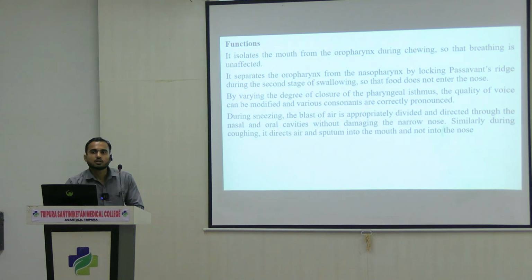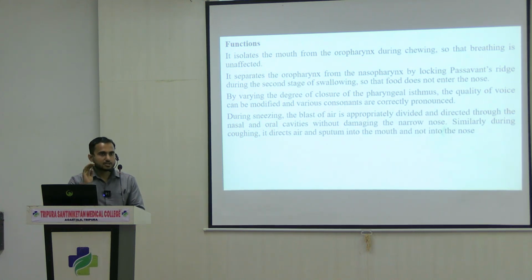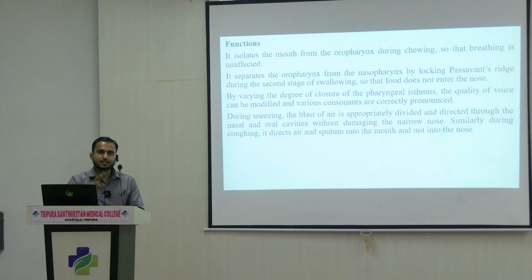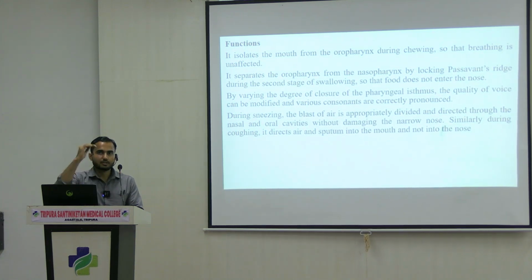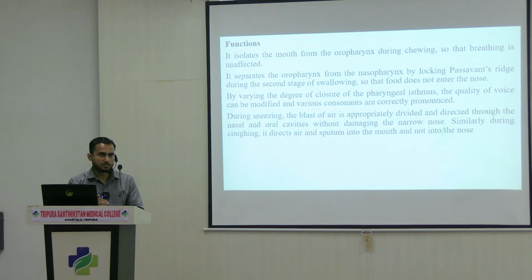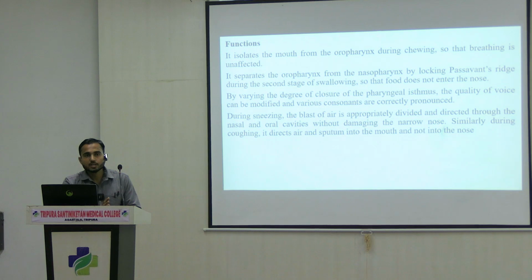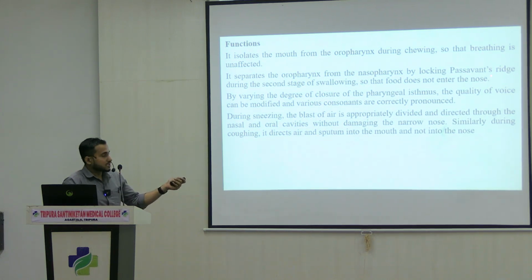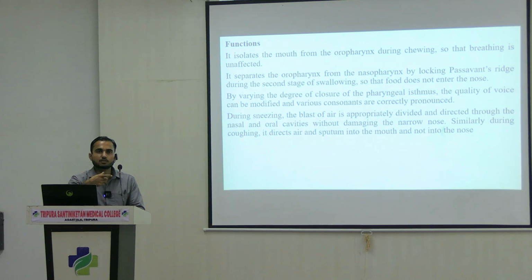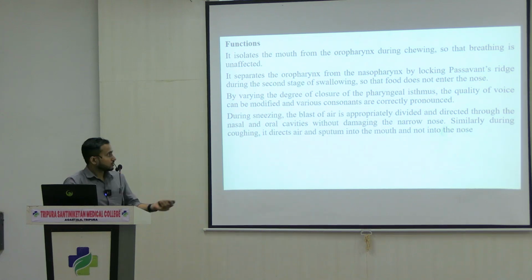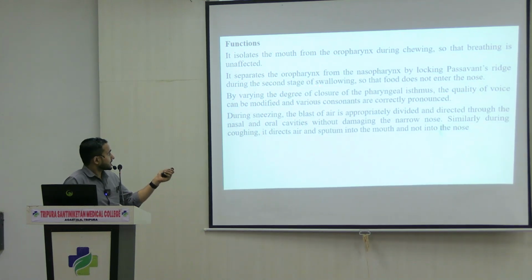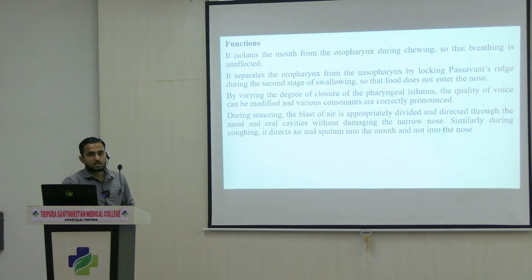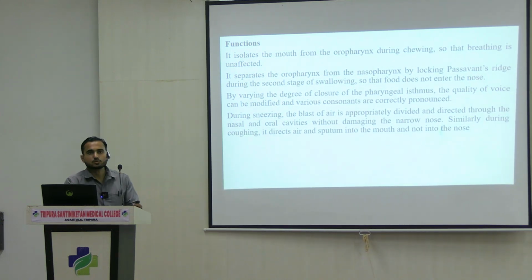Pharynx we have not discussed till now, but please try to understand that three parts of the pharynx are there: first the nasopharynx, then the oropharynx and the laryngopharynx. The soft palate separates the oropharynx from the nasopharynx by locking the Passavant's ridge. I have shown you the palatopharyngeus muscle fibers which form Passavant's ridge. It locks the ridge during the second stage of swallowing. Why is it required? So that the food doesn't enter the nose.